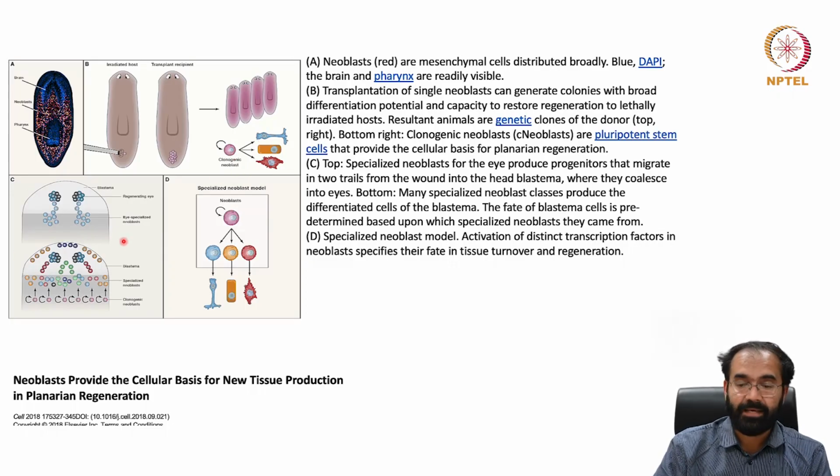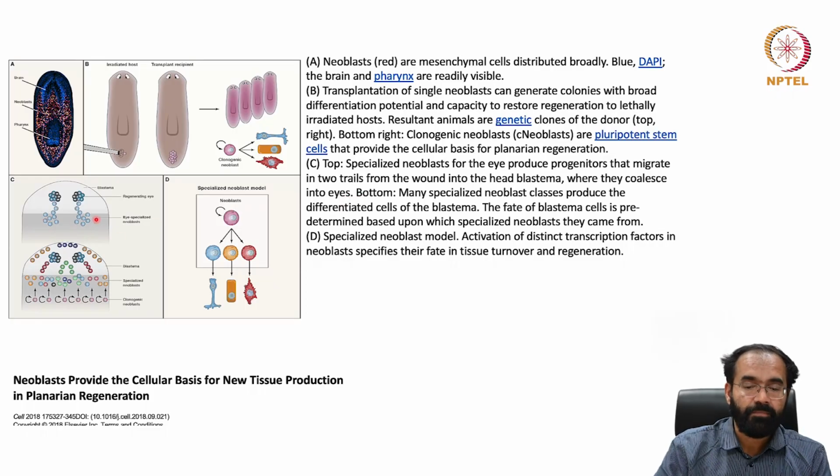In panel C, you see specialized neoblasts for the eye that produce progenitors which migrate into two different trails from the wound region into the head blastema, because the blastema is the place where the head and the eye have to be restored, where they coalesce into eyes.